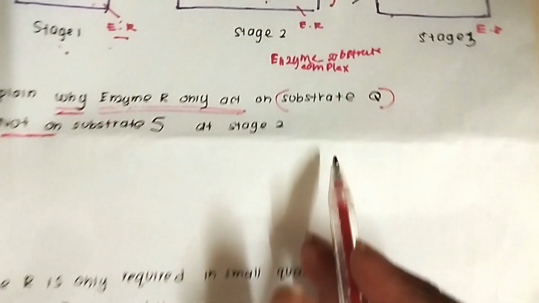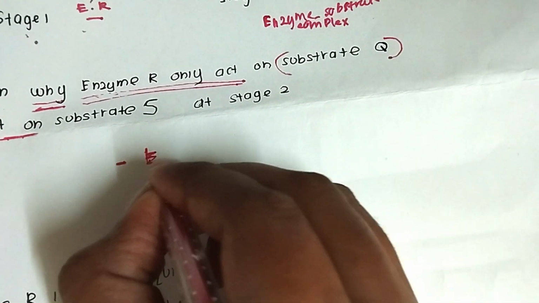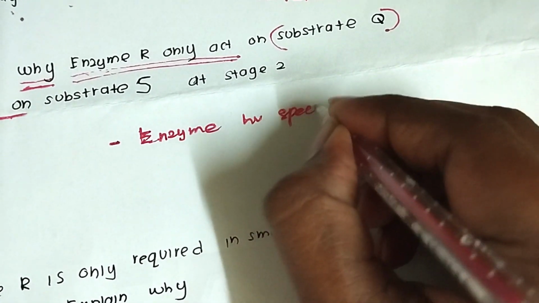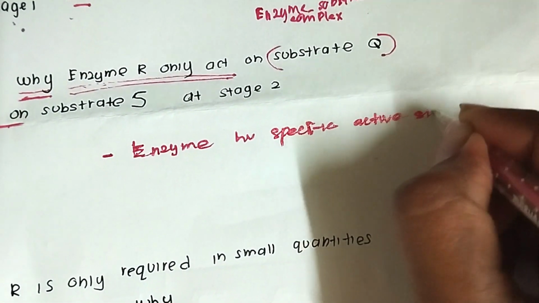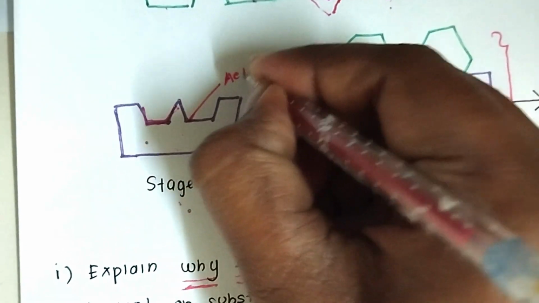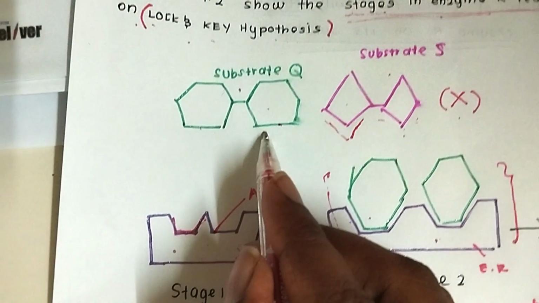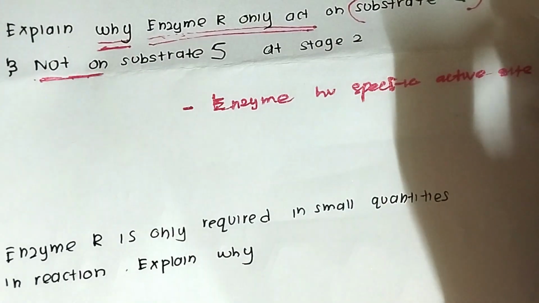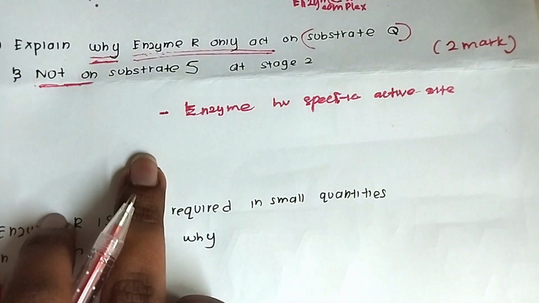There's a reason why, because enzymes have a specific active site. Look at this active site. They're very specific and they are only compatible with certain substrates. Next, this question provides us with 2 marks, so we have to give 2 points.